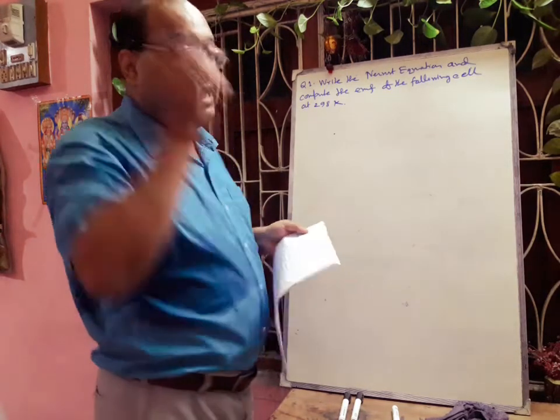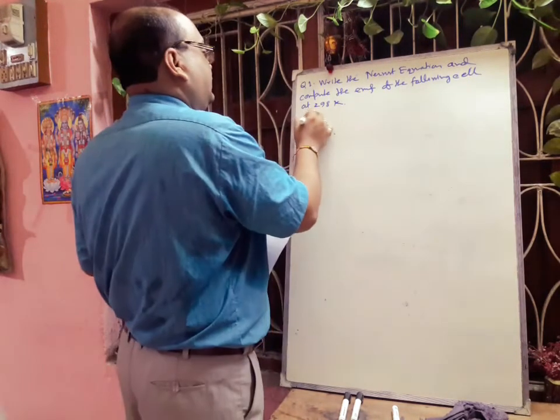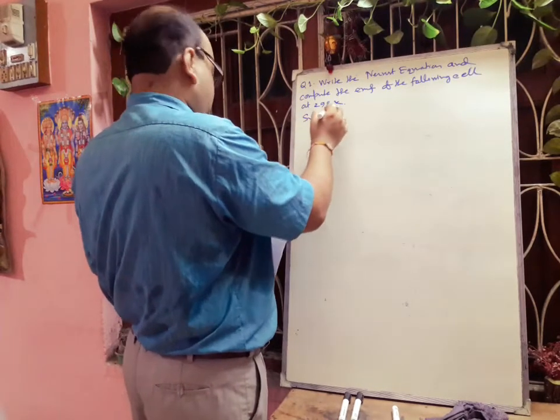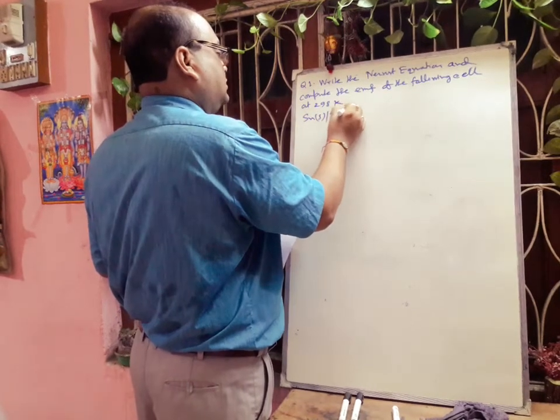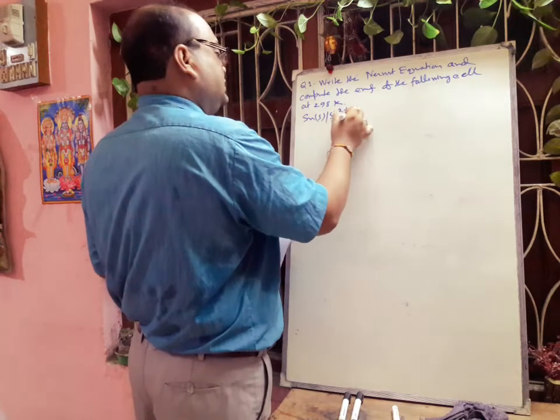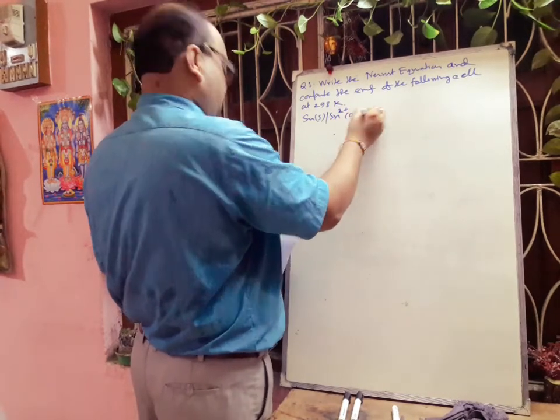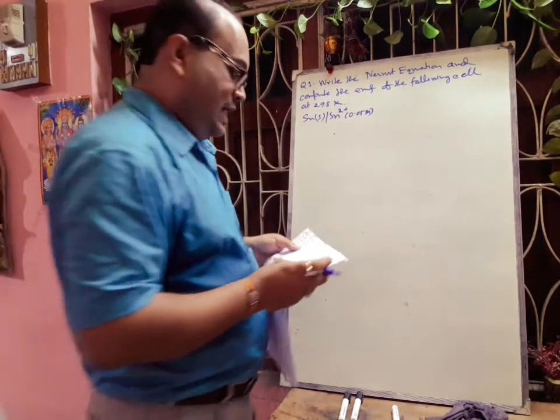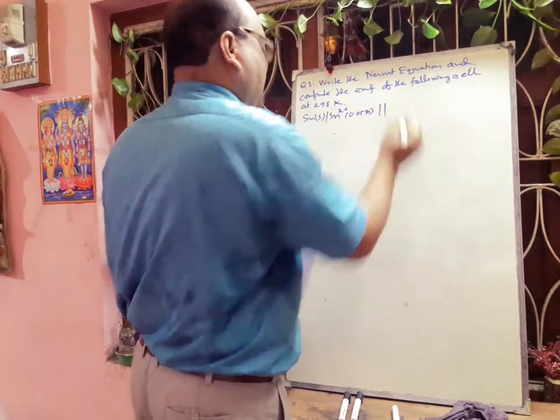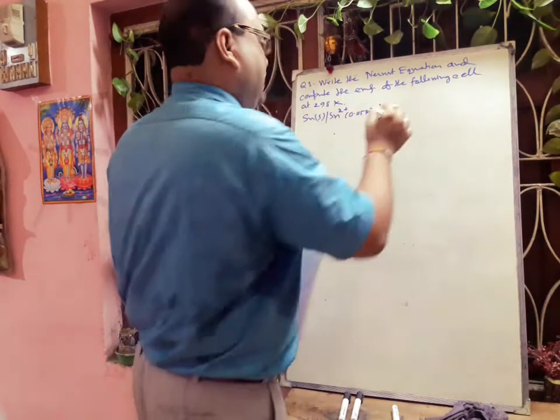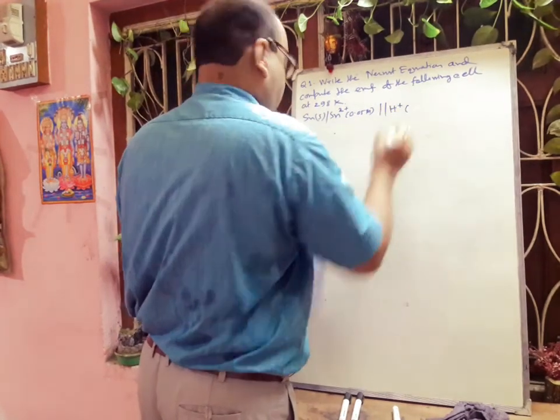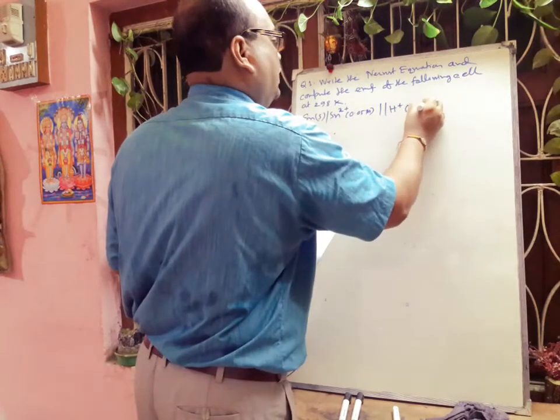Here the cell is given: tin solid and Sn2 plus at a concentration of 0.05 molar, and on the right hand side, the cathode is H plus at the concentration 0.02 molar.